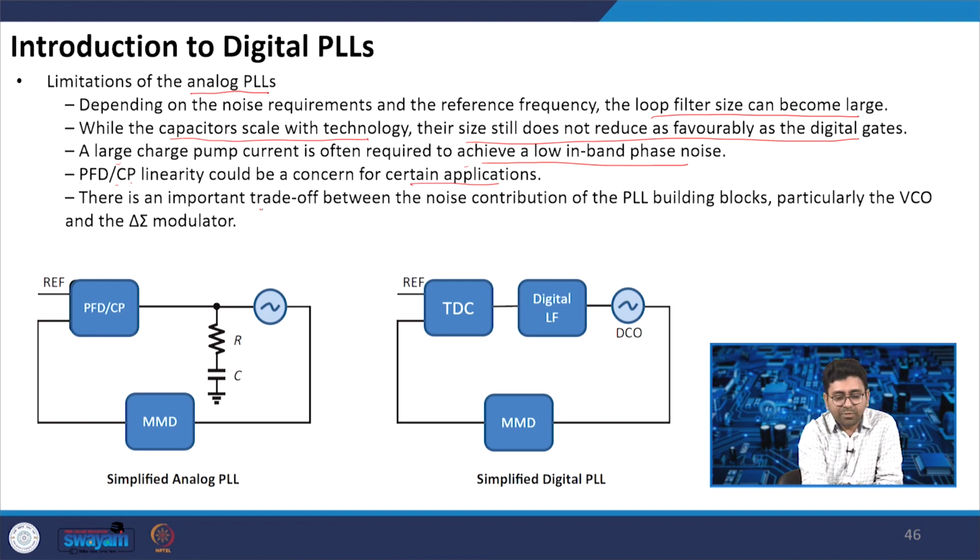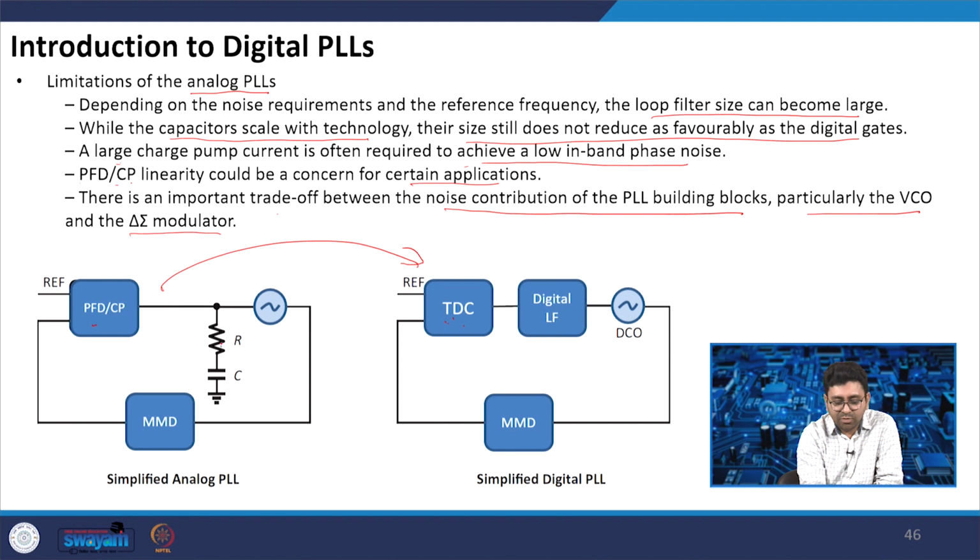So, there is an important trade off between the noise contribution of PLL building blocks, particularly VCO and delta sigma modulator. So, what we can do is, this block diagram will look the same, only the difference is PFD will be replaced with the TDC, a time to digital converter. The phase frequency detector will be converted to a time to digital converter.